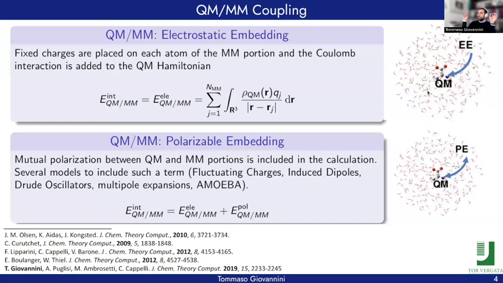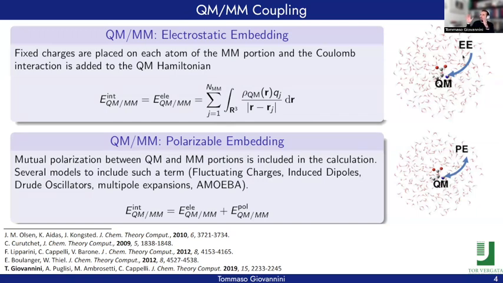The interaction energy will be just the Coulomb law between these charges and the quantum mechanical density, written in this way. Of course, this gives a contribution to the Hamiltonian, to the Kohn-Sham Hamiltonian or the Fock matrix, depending on the method that you are using, because you just differentiate this expression with respect to the QM density, and you will obtain the contribution.